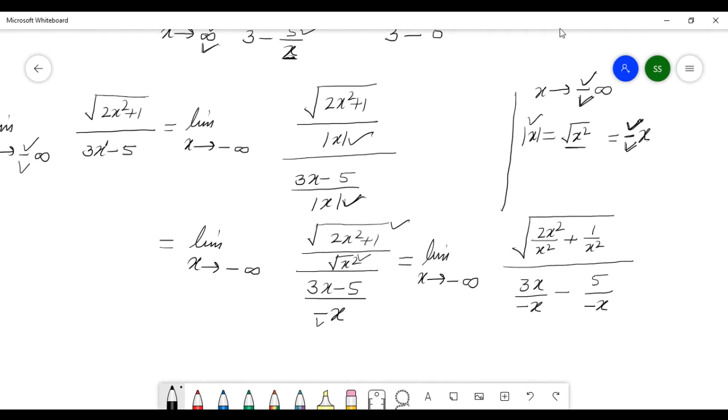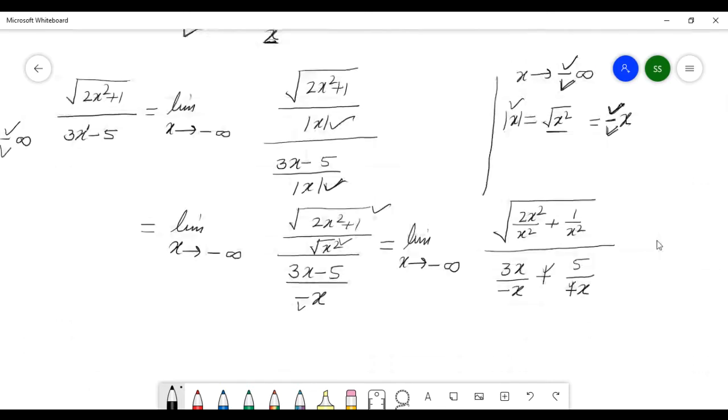This minus and this minus will be plus here. Now take the limit.